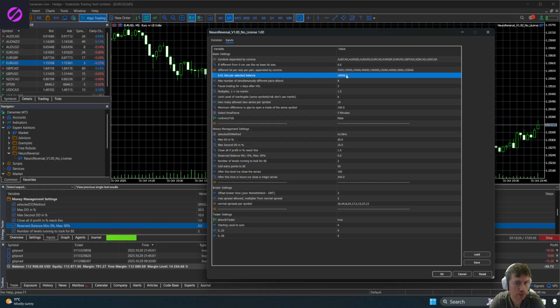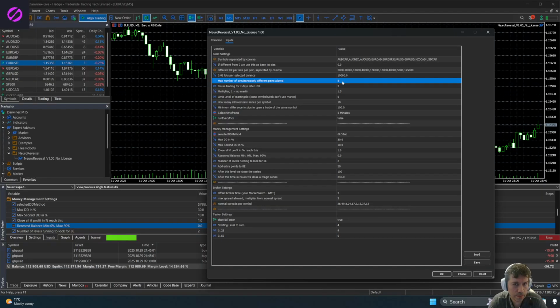And this will work for the same lot size for every symbol. Every $10,000 we will have 0.01 lots. I remind you that if you don't have like $10,000 in your account, you can always use cent accounts. It's okay.